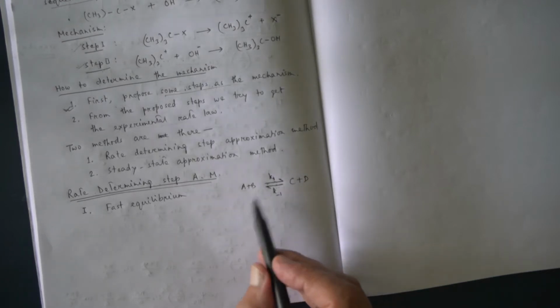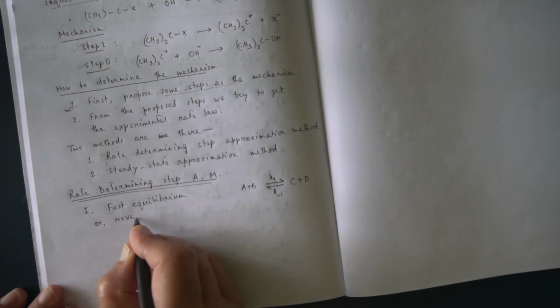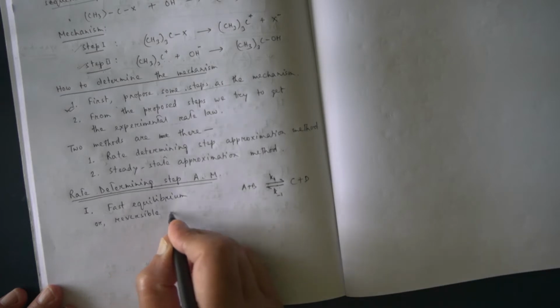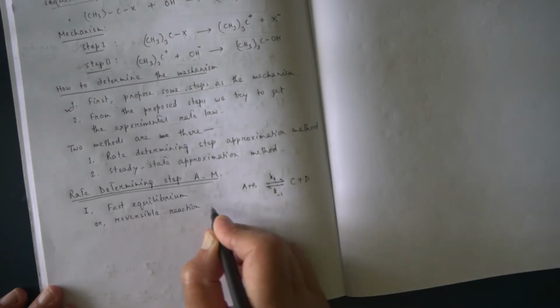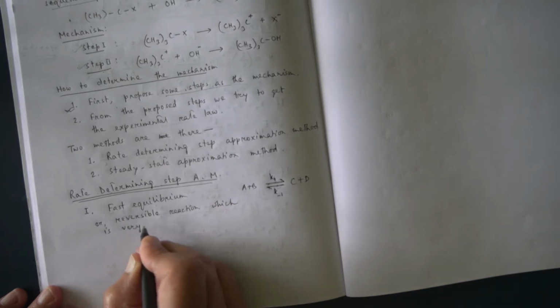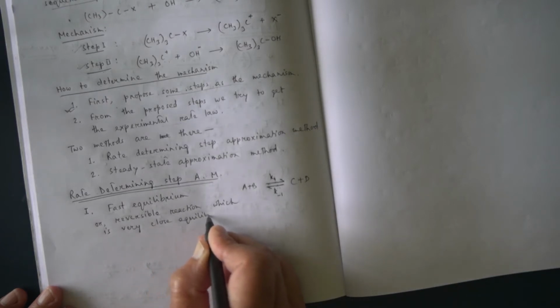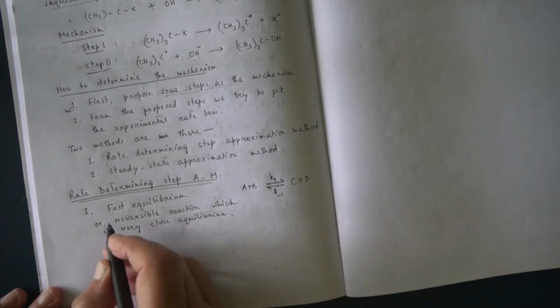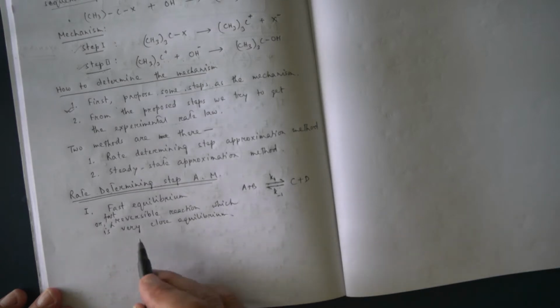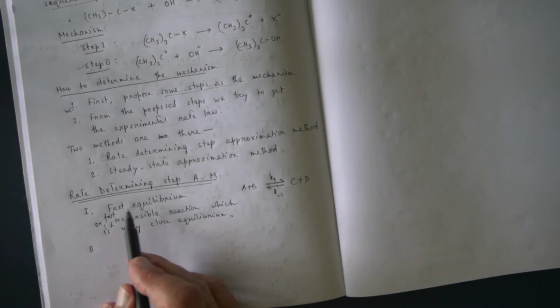Or we may say a fast reversible reaction which is very close to equilibrium. In the mechanism, this is the first step.